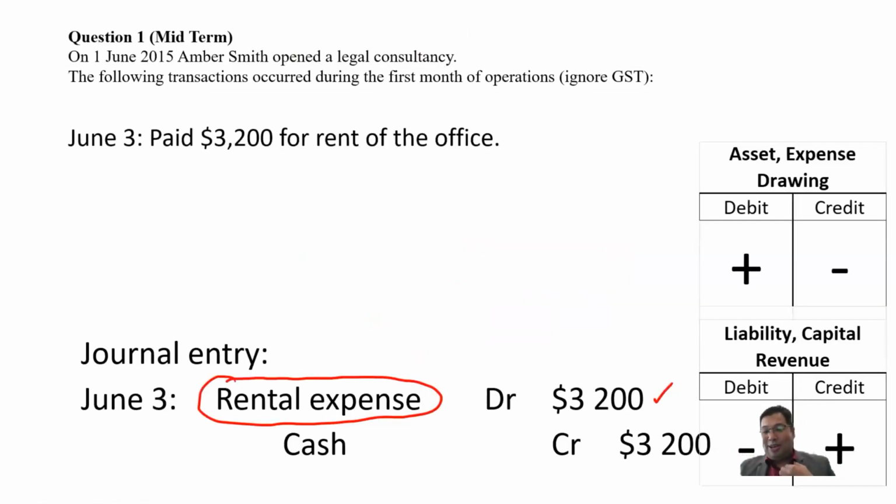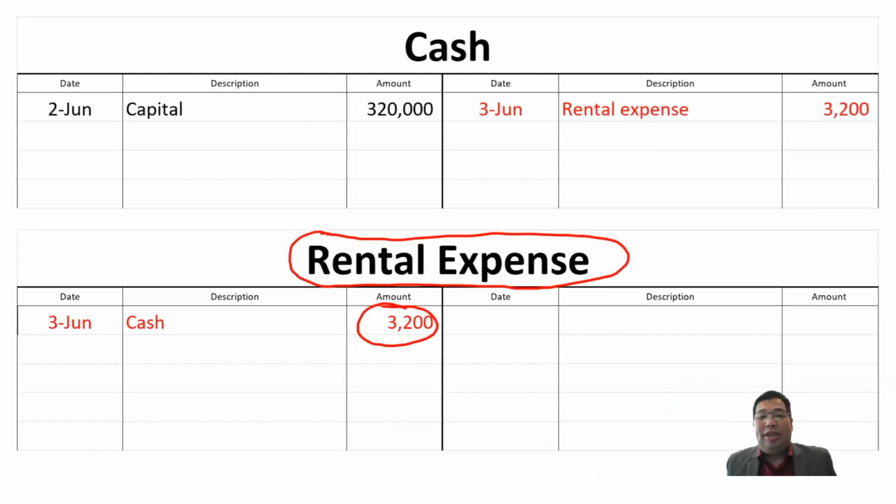Okay, let me go for the second one, cash. Everyone agree when we make payment, our cash will reduce? Am I right? Our cash will reduce. So we are going to credit our cash account by 3,200. So when you were given the question, first thing you need to do is draw this line.